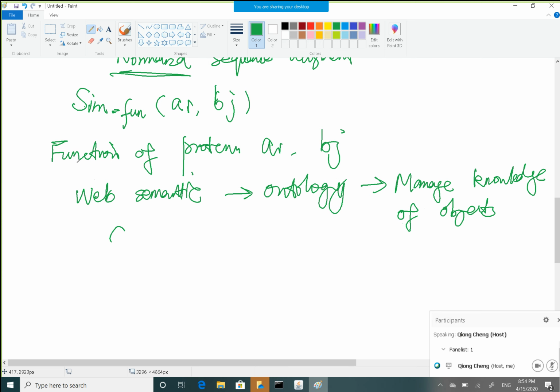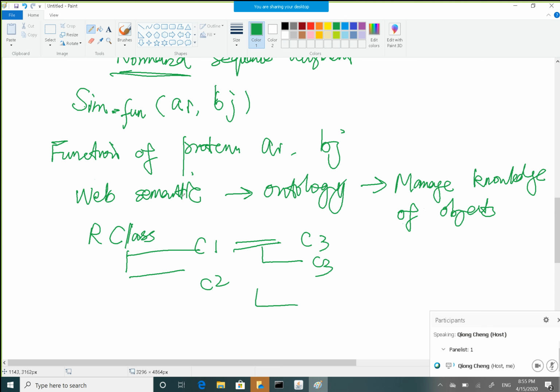They put the objects into different classes. They have a root class, and then objects are cast into different classes, class 1 and class 2. Class 1 is put into other classes, class 3 and class 4. This structure is just like your textbook: we use categories to organize specific chapters.